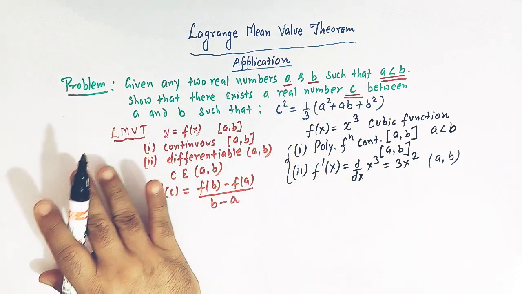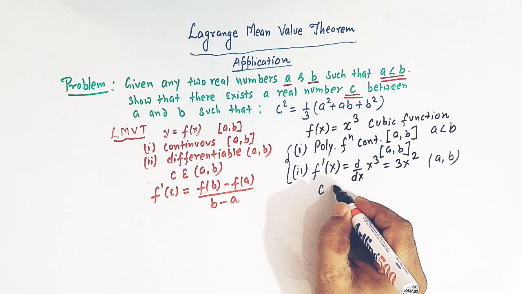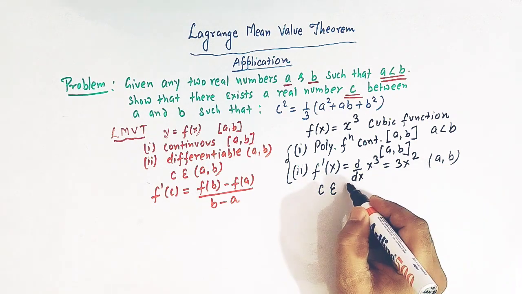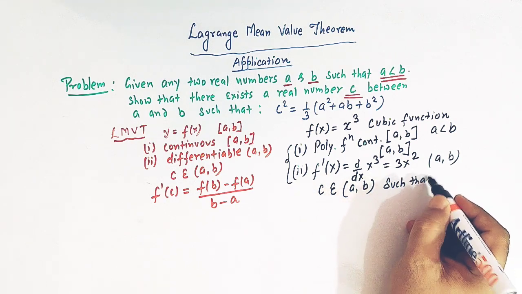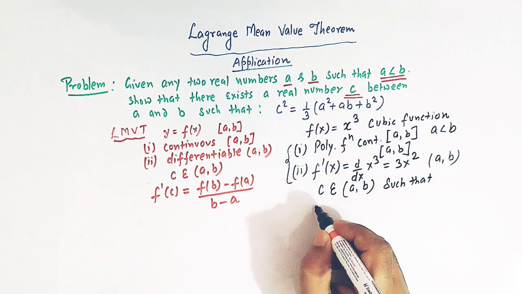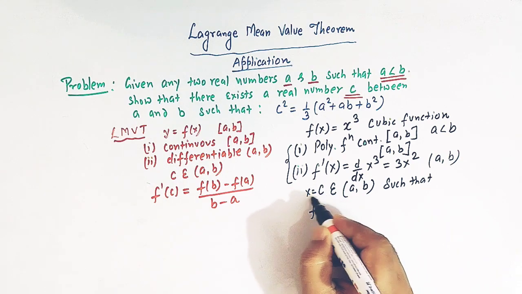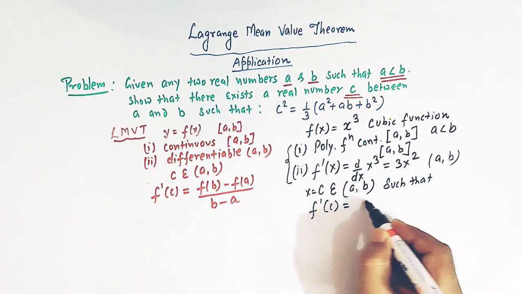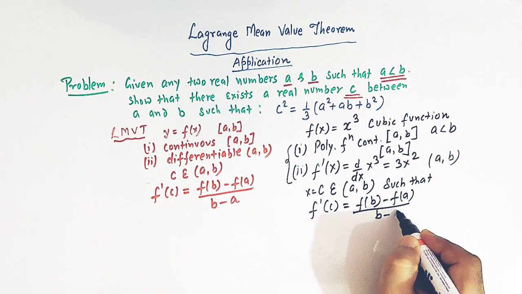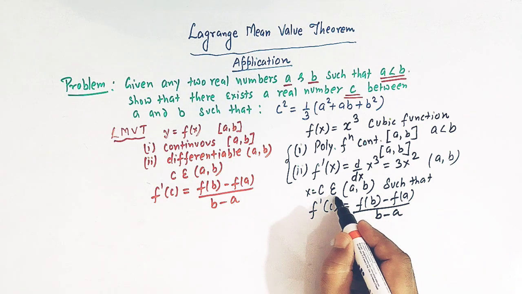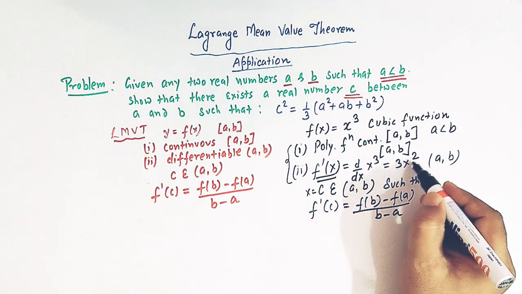Now Lagrange's theorem says that there must exist some point c belonging to the interval a comma b such that the derivative of this function at x is equal to c must be equal to f of b minus f of a divided by b minus a. Now f prime of c can be obtained because f prime of x is 3x square.